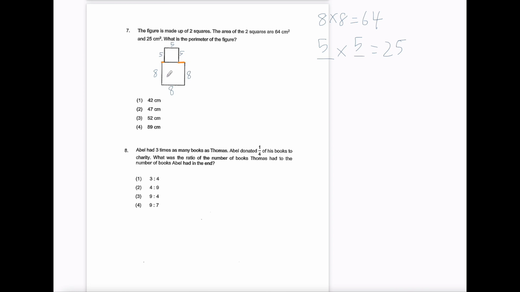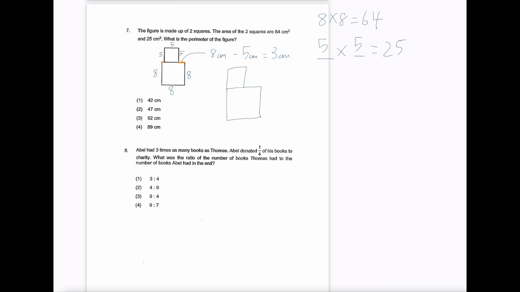Don't worry, because if I push this square over to the end, it's just the difference. So this orange part, the total will be 8 cm minus 5 cm, which is 3 cm.